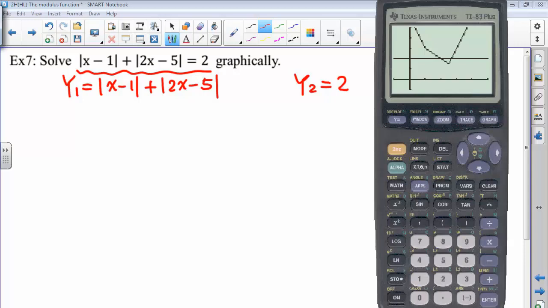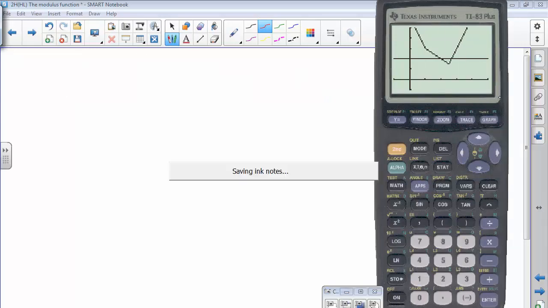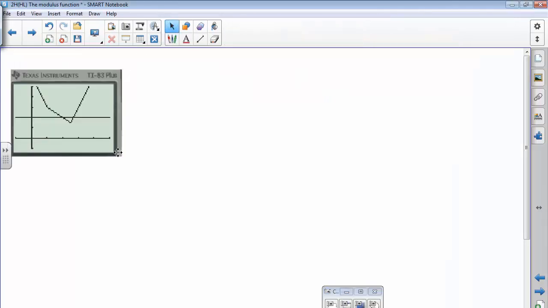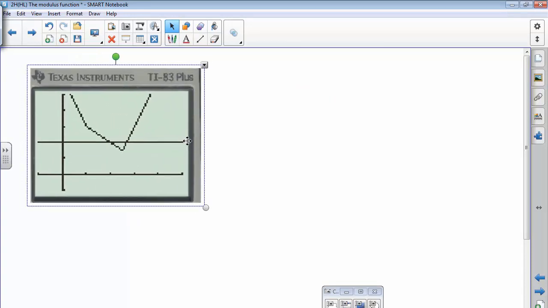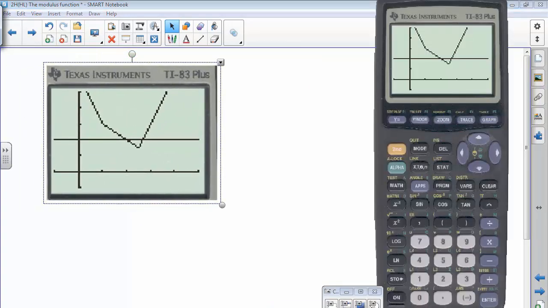And the x values of these 2 points of intersection should be the solution of this equation. So right now, I want to take a picture of this graph. For you, you can copy down the graph onto your paper. Then we will follow this function to look for the points of intersection.